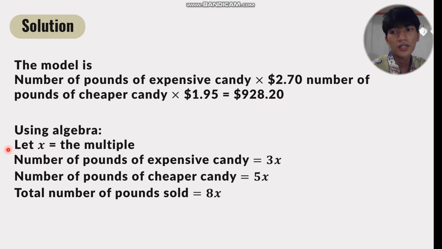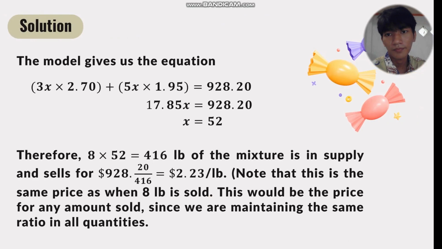Using algebra, let x be the multiple. The number of pounds of expensive candy will be 3x, and the number of pounds of cheaper candy is 5x. So the total number of pounds sold is 8x.